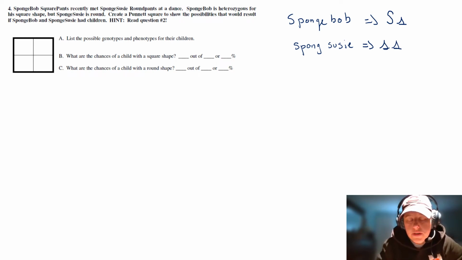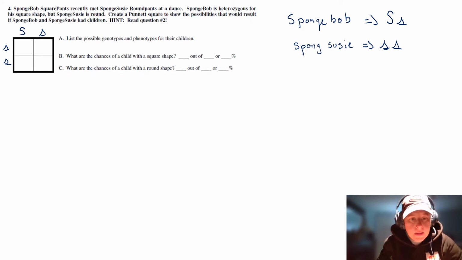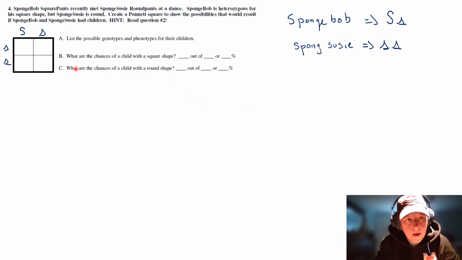I've set this up for you. I want you to do the Punnett square, and then we're going to go through this together. Okay, so if we go through the answer, we would have SpongeBob on this side, Susie on this side. When we're doing a Punnett square, the key thing to remember is that because half the genetic information comes from one parent and half from the other parent, we separate our alleles.